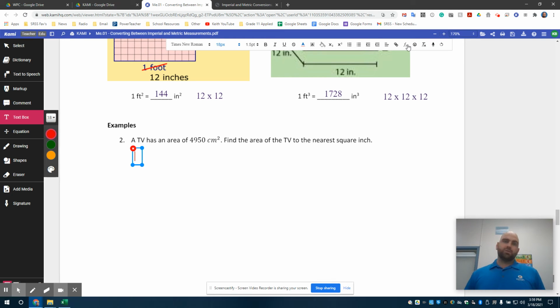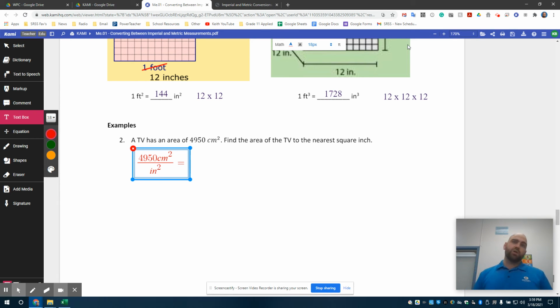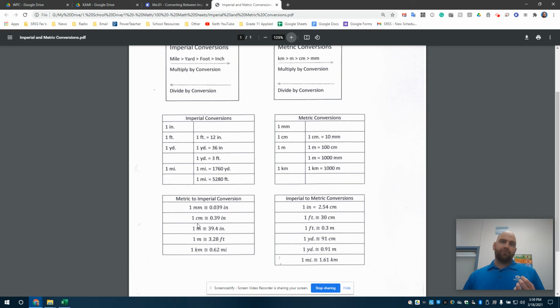So we're going to change 4,950 square centimeters into square inches. We have a couple different conversion rates that we could use. 1 centimeter is 0.039 inches, or 1 inch is 2.54 centimeters.